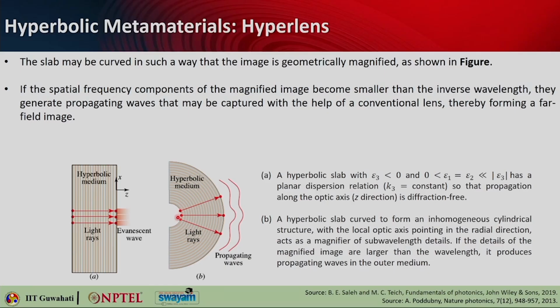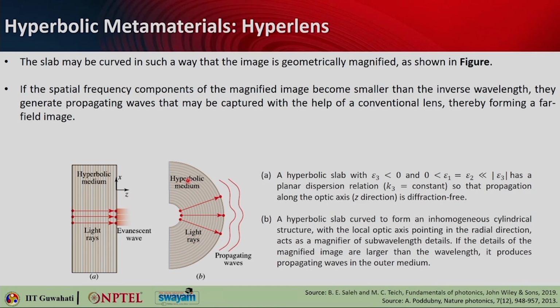If you have a few objects on a sub-wavelength scale, you can magnify them and bring them to a larger scale. And if the details of the magnified image are larger than the wavelength, they can produce propagating waves, and that can go to the outer medium. So, this is the concept.